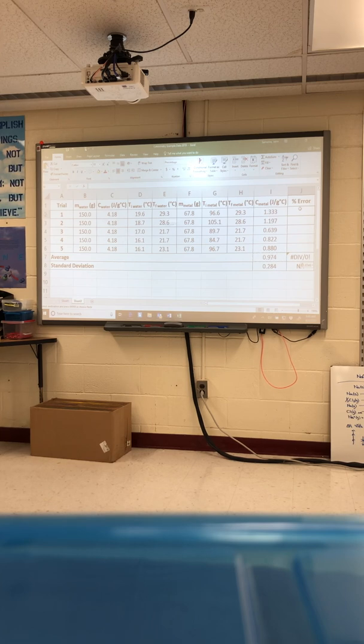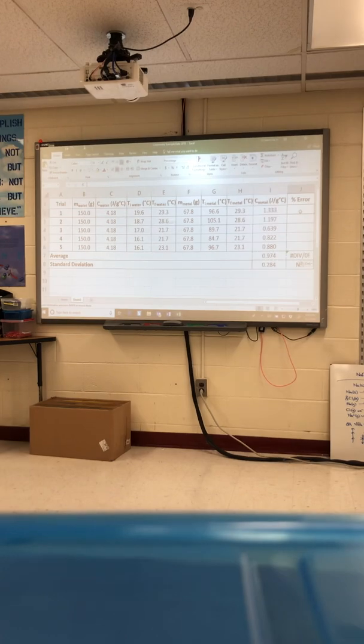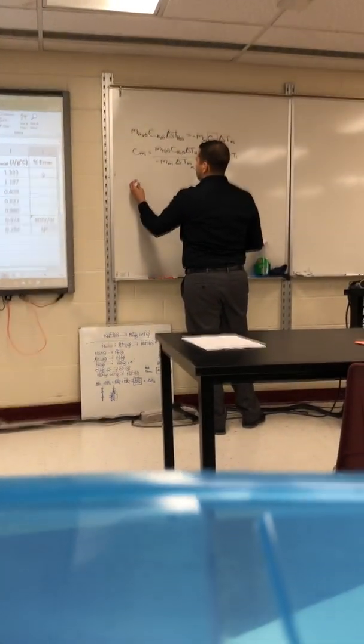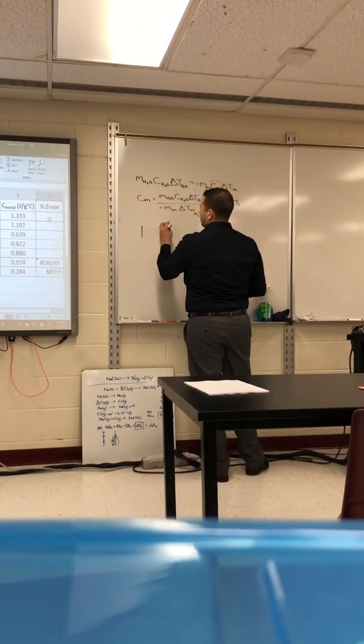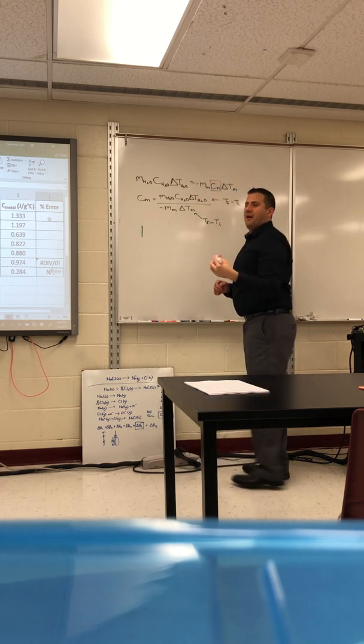Okay, so I can't remember what particular metal this one was, but I know that their percent error was relatively high. I'm going to say it's the aluminum metal, even though it's not. So if it was the aluminum, we know that our formula for percent error is the absolute value of the, what is the formula?